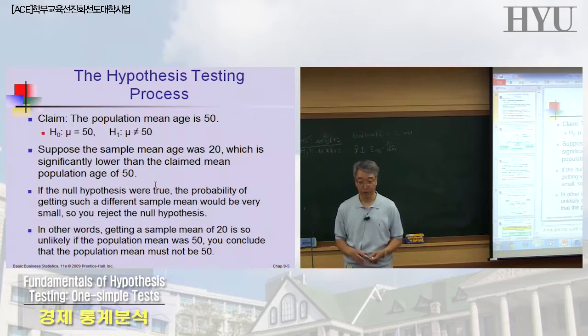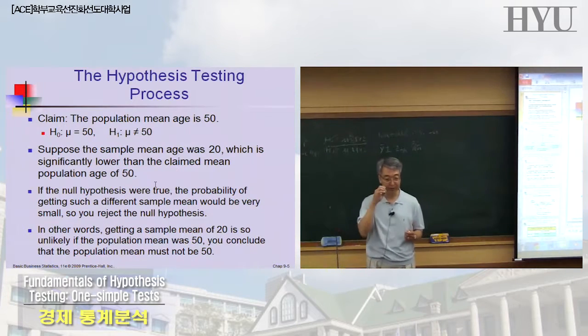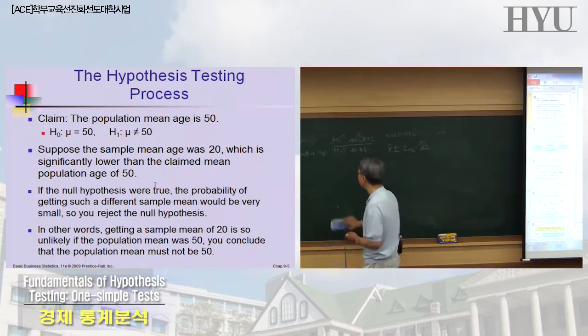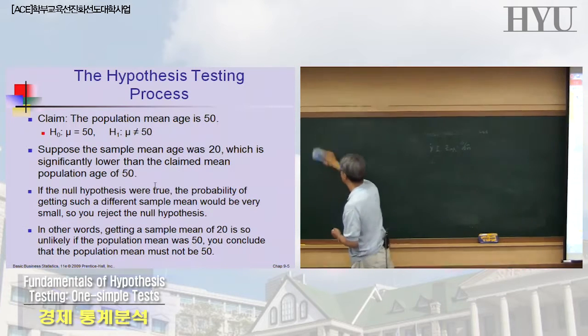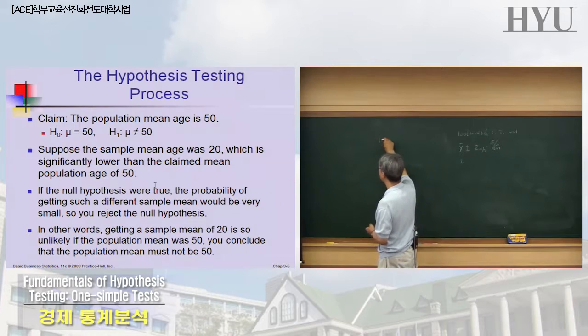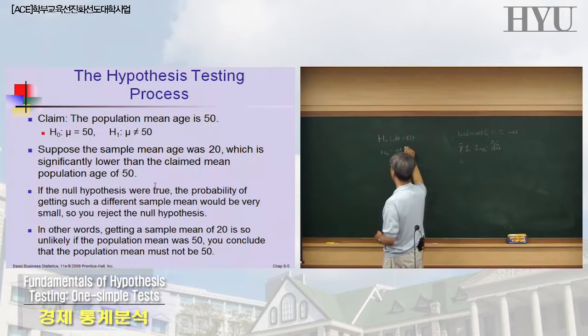So if you use this class as a sample, the null hypothesis says mu is 50, the alternative says mu is not 50.